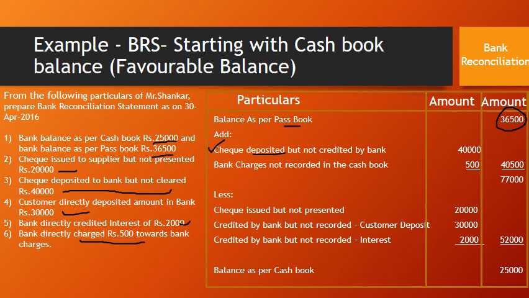Correct? The same way, bank charges not recorded in the cash book. Why are we adding this one again? See, this is a charge. Assume the bank balance was 37,000. The bank has already deducted 500 rupees, so the balance is coming as 36,500.